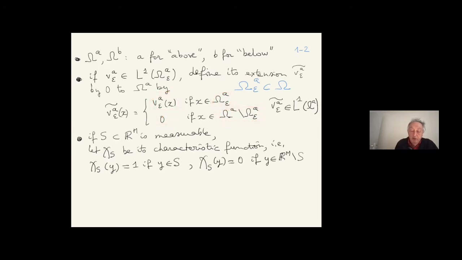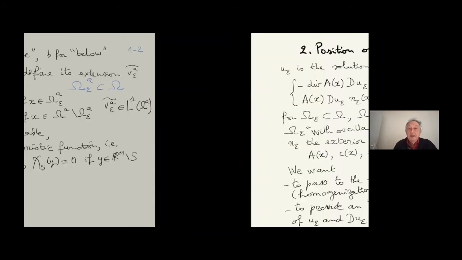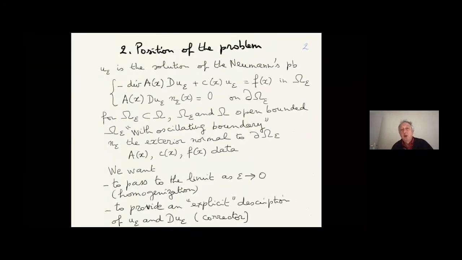So if V_A^epsilon is in L1 of Omega_A^epsilon, then V_A^epsilon twiddle is in L1 of Omega. Okay, and now I can explain what is the problem which is of interest for us.